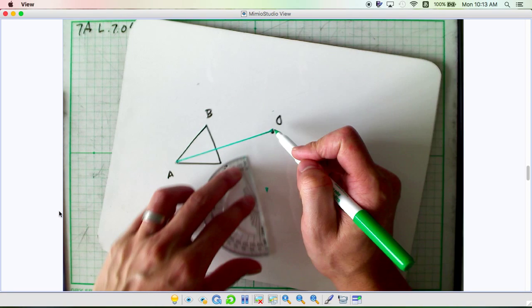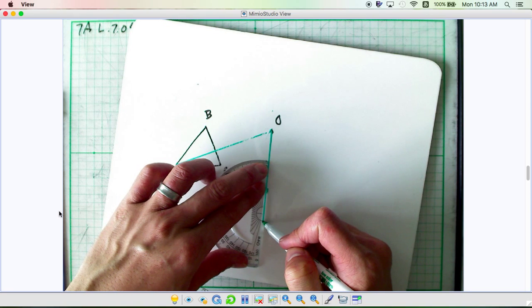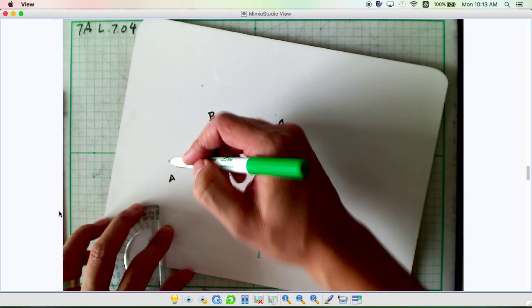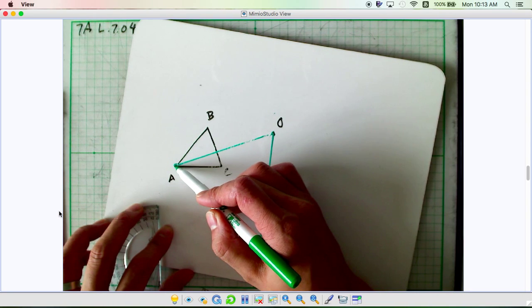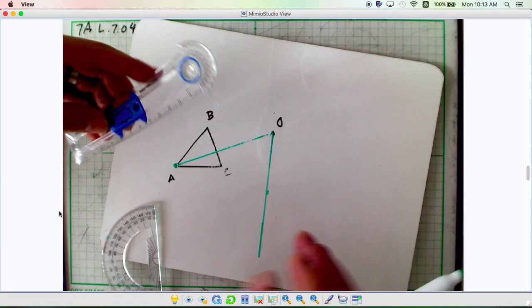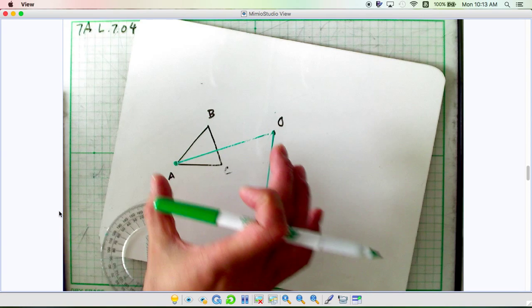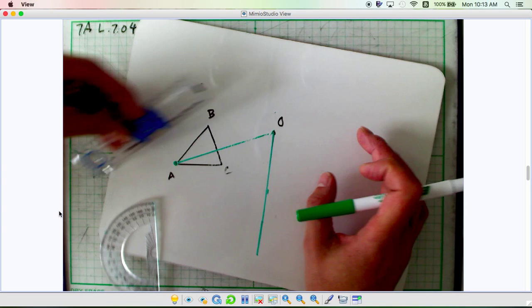Okay. So A prime should be somewhere on this line. So point A should move to somewhere on this line. And obviously, segment OA and segment OA prime should be exactly the same.